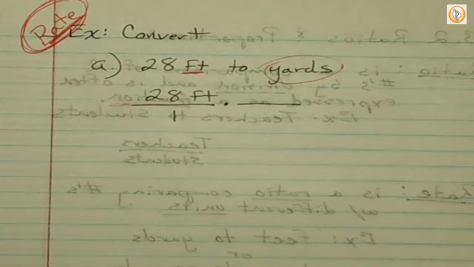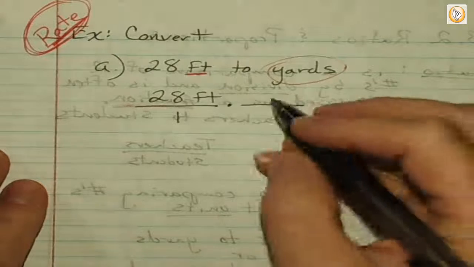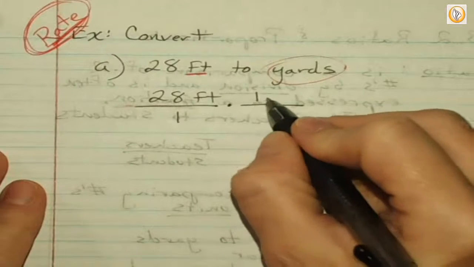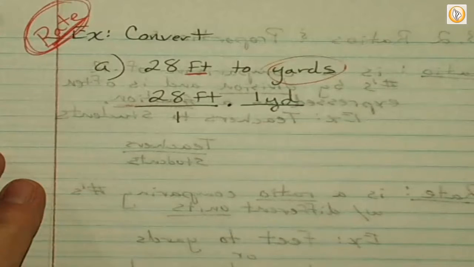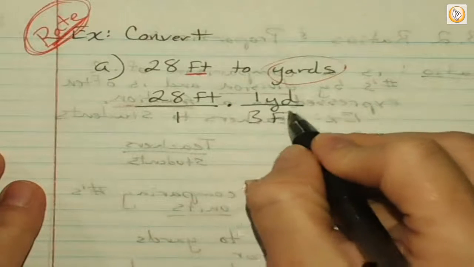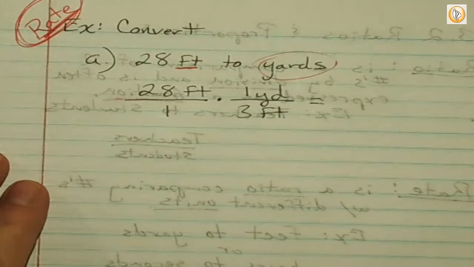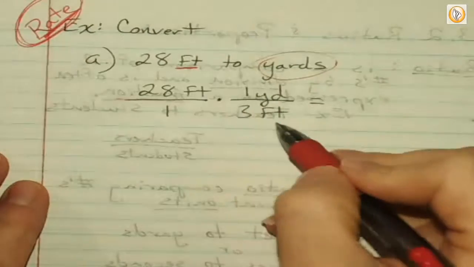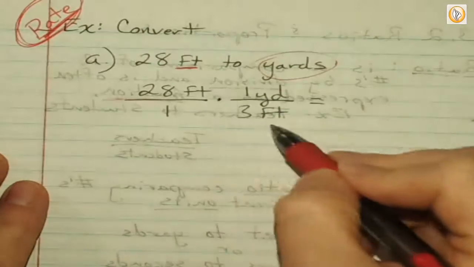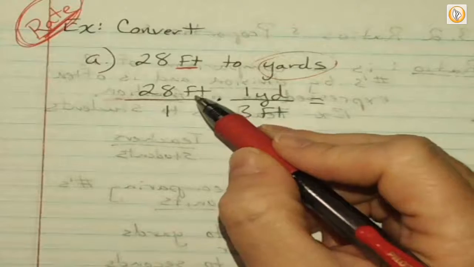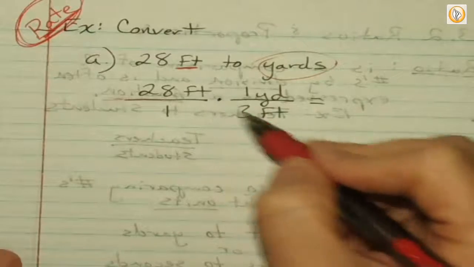All right, so we're converting it to yards. 1 yard equals how many feet? 3. Now, those of you that had me last year, remember how we had to have the same label, and it has to be catty corner.